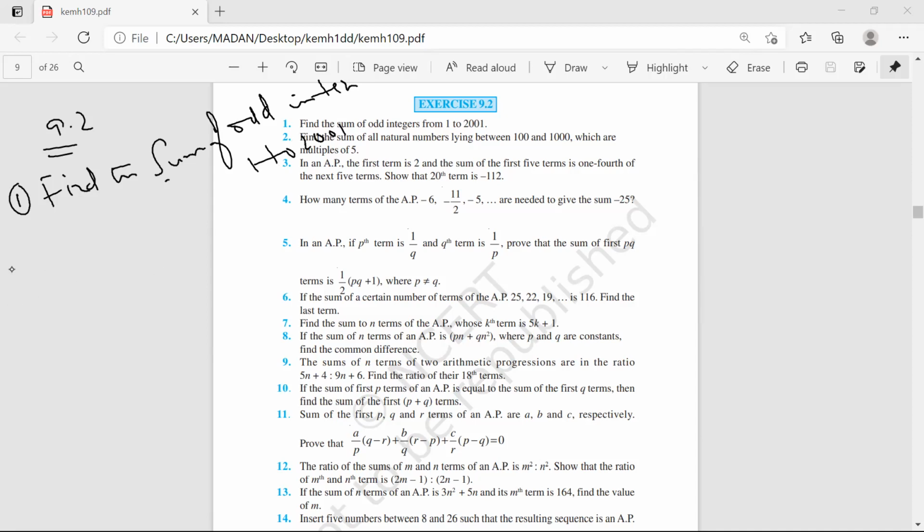What are the odd integers? Can you tell me? 1, 3, 5, 7, 9, and so on, up to 2001. They are asking to find the sum of these odd integers.